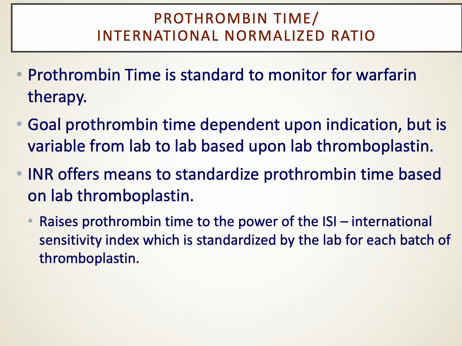But the problem is that you could have the same blood sample from one patient, draw it in 5 different test tubes, send it to 5 different labs, and you would get a different prothrombin time depending on what reagents that lab used to do the test. And so by standardizing to the thromboplastin that the lab uses, we can then get a more meaningful number called the INR. An INR from lab A with the same sample should equal the same INR in lab B, C, and D. So it really is just a way to standardize an old test, that's all.